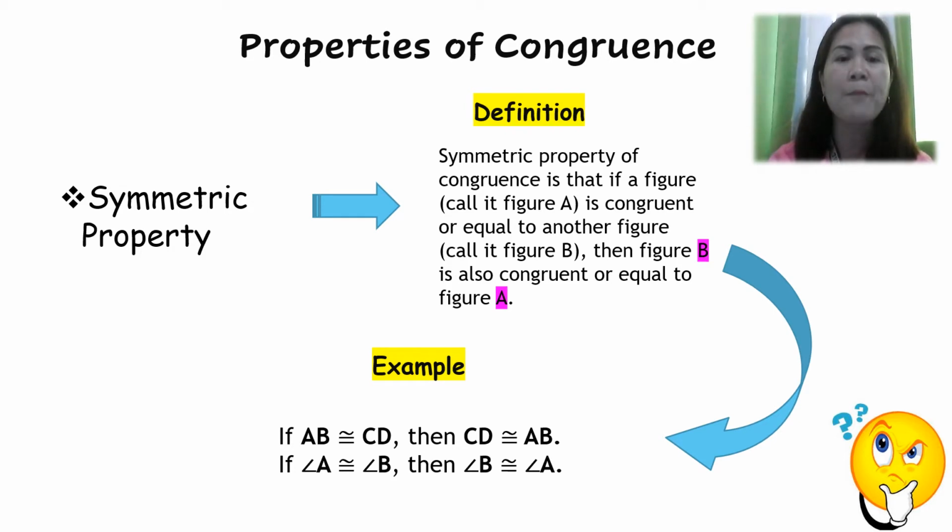Another one we have, if angle A is congruent to angle B, then angle B is congruent to angle A.